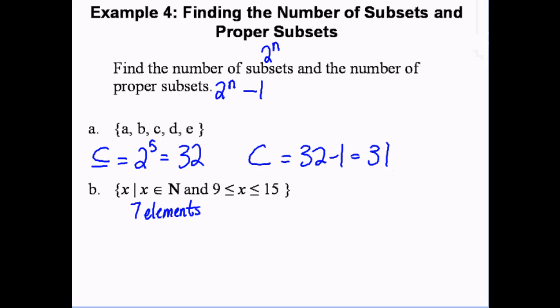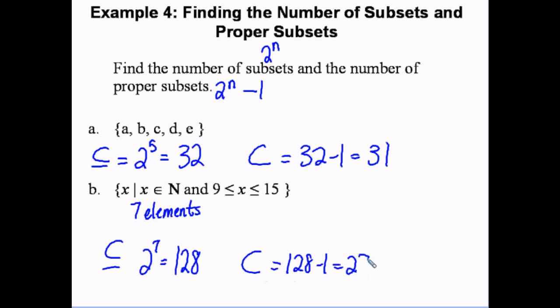My subsets is going to be 2 to the 7th, which I'm just going to go ahead and cheat. And then my proper subsets is going to be 128 minus 1.